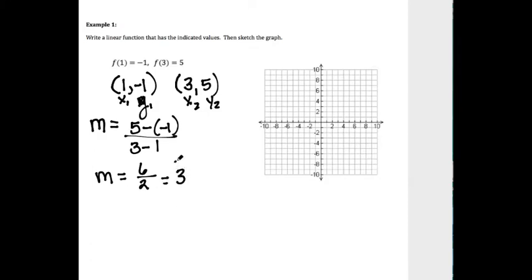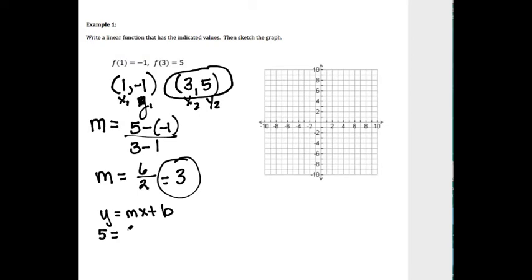Now, once I have the slope, I'm going to pick one of these points to use. I always like to use the positives. So I have a slope of 3 and a point of 3, 5. I'm going to use y equals mx plus b to plug those values in and solve for b. So my y is 5 equals my m is 3, my x is 3, plus b.